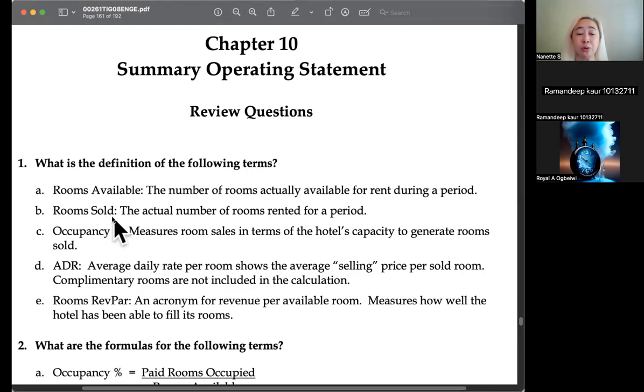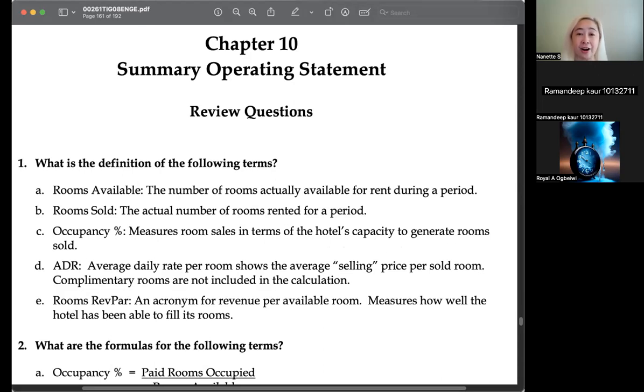Raman, what is rooms sold? Rooms sold, the actual number of rooms rented for a period. And what is occupancy percentage, Royal? Measures room sales in terms of the hotel capacity to generate rooms sold.